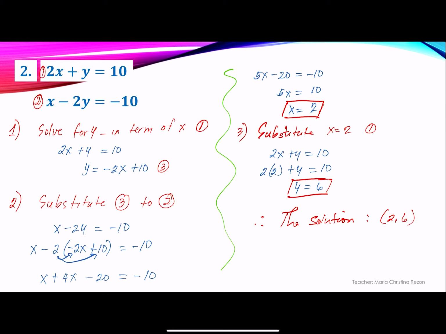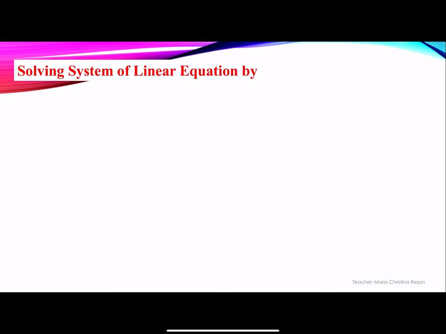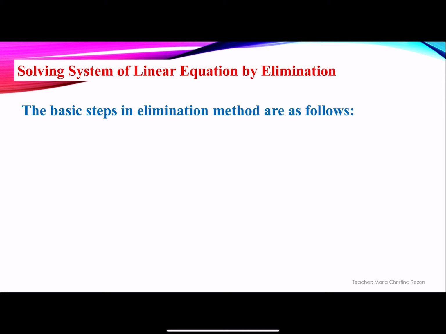Then let's have solving systems of linear equations by elimination. So there are some basic steps that we need to follow to be able to solve our system here.